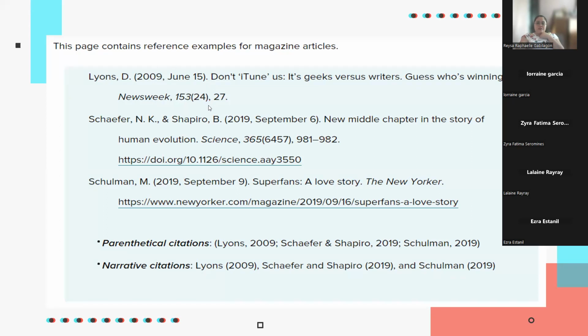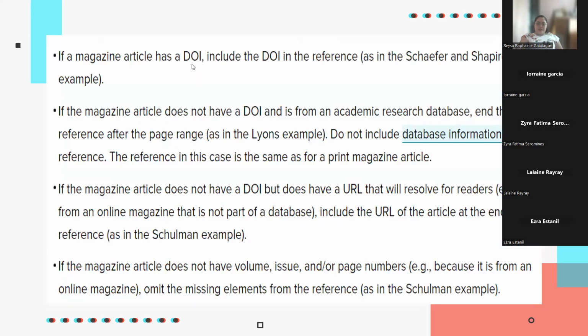Pag walang information, kagaya ng yung third example, since walang ganito na mga numbers sa kinuhanan nila ng reference, stop ka na on the name of the magazine. So you may include also DOI if the DOI is available, or if wala, you may include the URL of the website. Okay? Ganun lang.